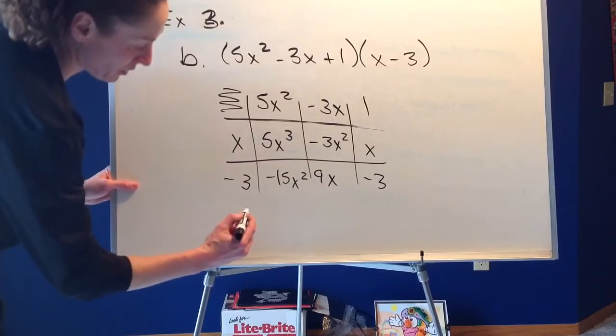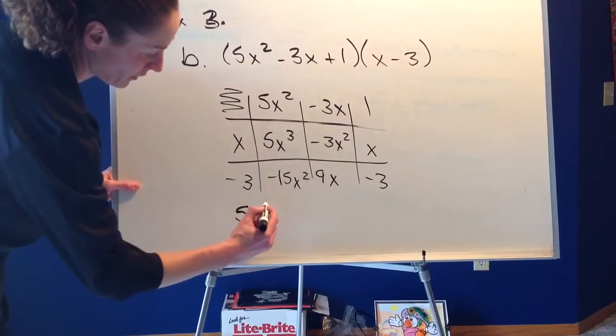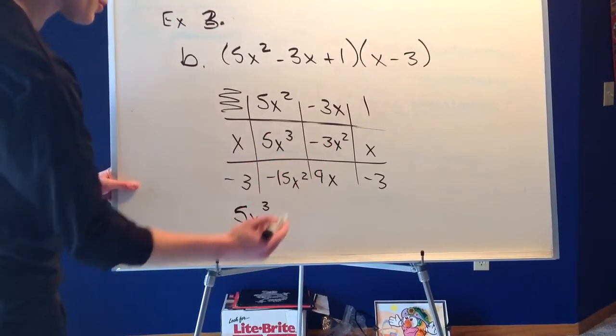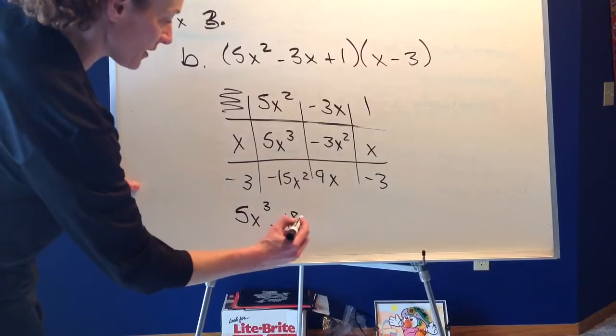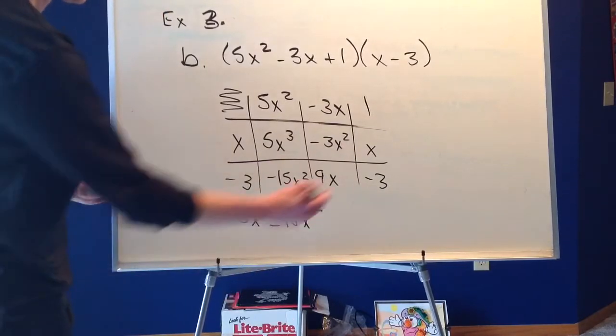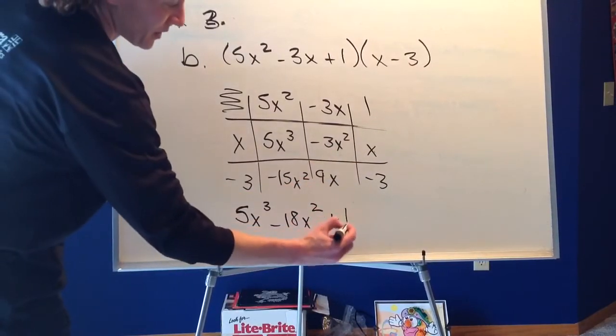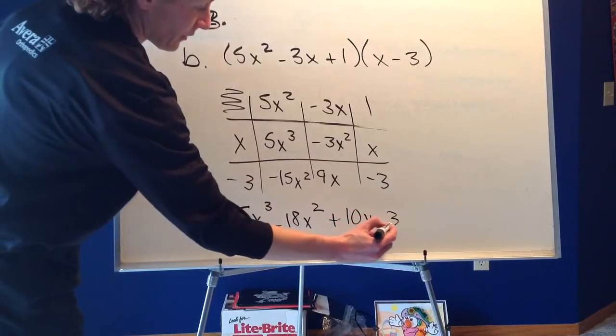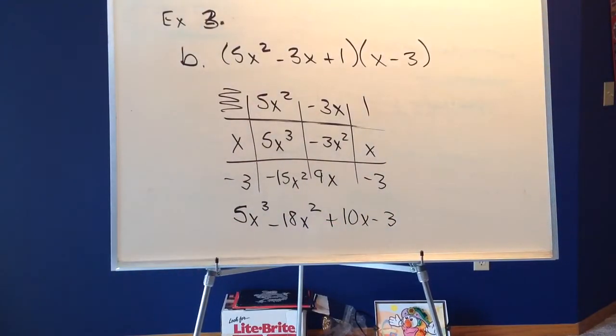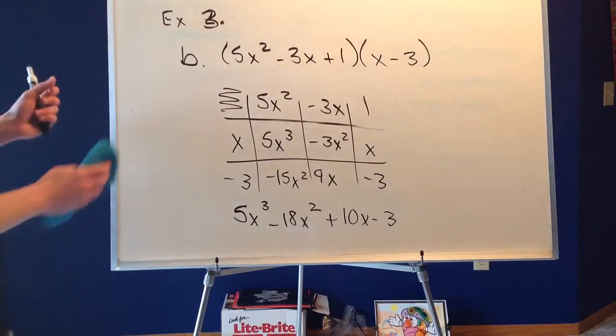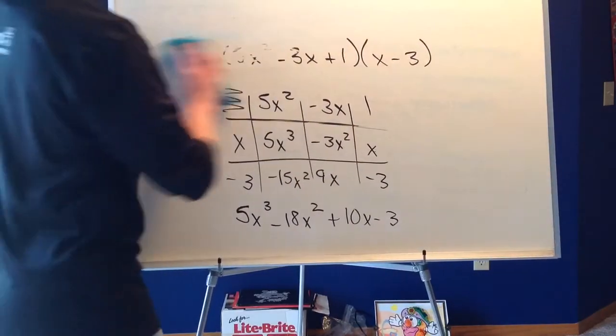So I only have 1 to the third. I have the 2 squared ones, which will give me negative 18x squared. X and 9x give me 10x, and then I'll have a minus 3 in standard form. Okay, so again, it's up to you. If you like the distributive method, go ahead and use that one. If you prefer the table method, you can go ahead and use that one as well.